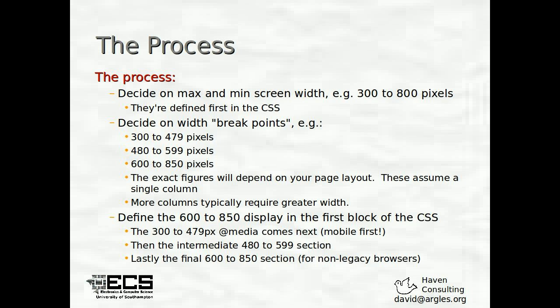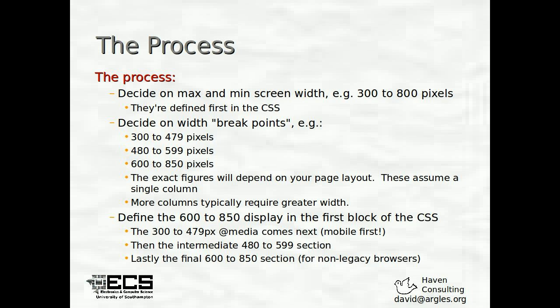Now, what I typically do is I tend to take 300 to 479 pixels as the minimum screen width that will suit mobiles typically in portrait mode, 480 to 599 as being a good set of widths to use for mobile phones, say, in landscape mode, and then 600 to 850 pixels as being wider screen widths up to the maximum.